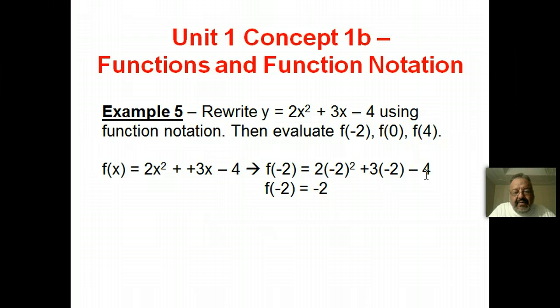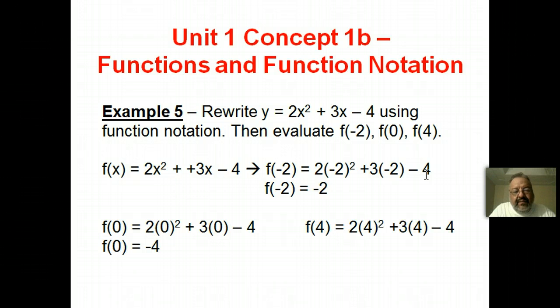So I get -2. So f of -2 is -2. Now I'm going to do f of 0. Now I plug in 0 for all the x's, and the answer I get is -4. So f of 0 is -4. Finally, f of 4. Plug in for all the x's, and I get f of 4 is equal to 40. It's a bigger number there.